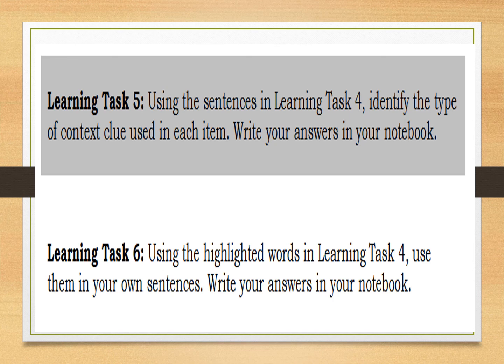Using the sentences in learning task 4, identify the type of context clue used in each item. Write your answers in your notebook. And for learning task 6, using the highlighted words in learning task 4, use them in your own sentences. Write your answers in your notebook.